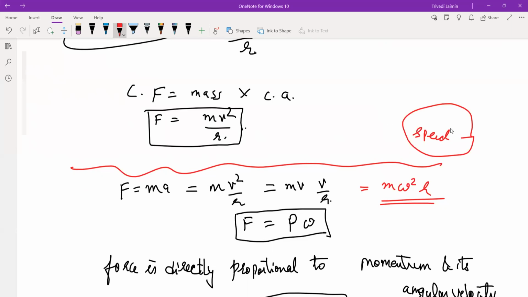And suppose if there is no centripetal force, not centrifugal, centripetal force, this body will not move in a circular path. It will move in a straight line then. If there is no centripetal force, it will not curve, it will not move in a rotational path. It will move in a straight path.